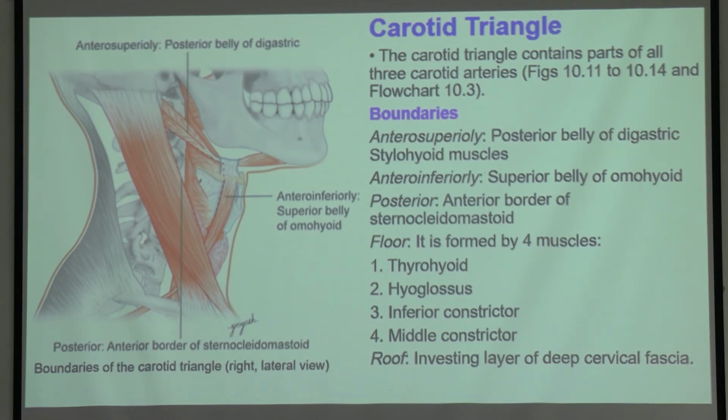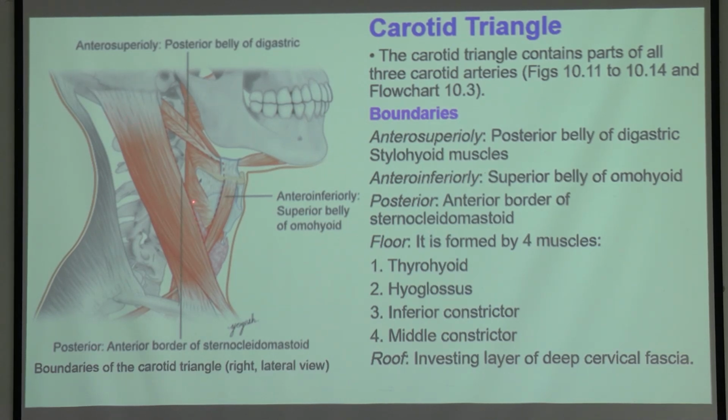Its boundaries: posteriorly, the anterior border of the sternocleidomastoid; anteriorly and superiorly, the posterior belly of the digastric; and anteriorly and inferiorly, the superior belly of the omohyoid muscle. So this is the carotid triangle.